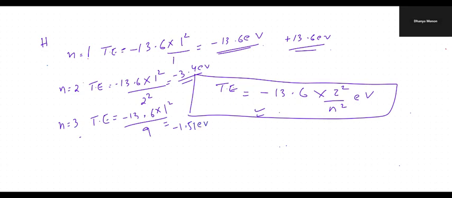Then n is equal to 4. Minus 13.6 times 1 square by 16. That comes to minus 0.85 eV.